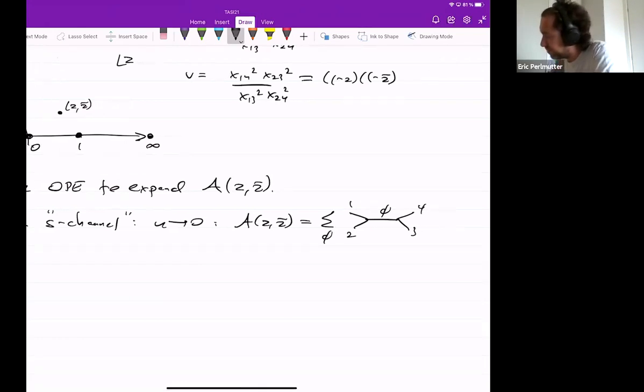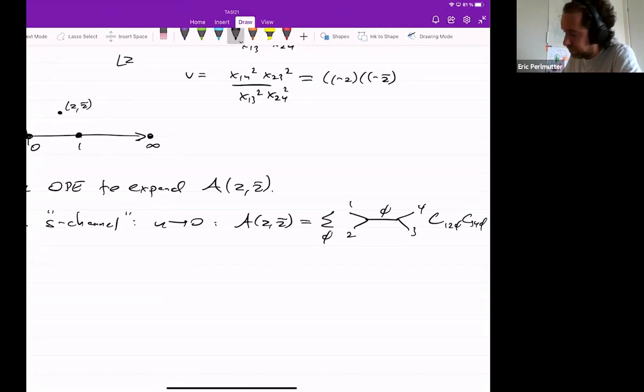So multiplying whatever kinematic thing this is, a product of OPE coefficients C_12phi, C_34phi. We can also do this in what I call the T channel, which is the V goes to 0 regime. In other words, Z goes to 1.